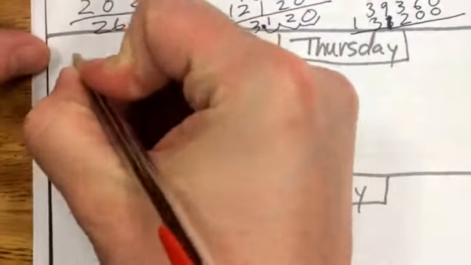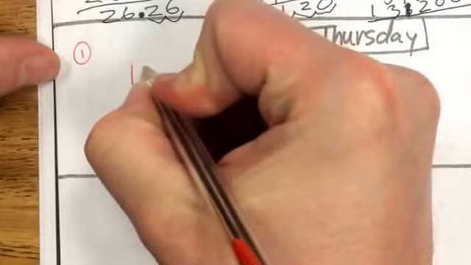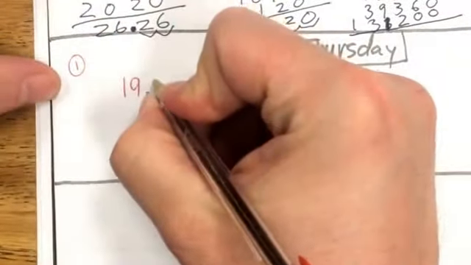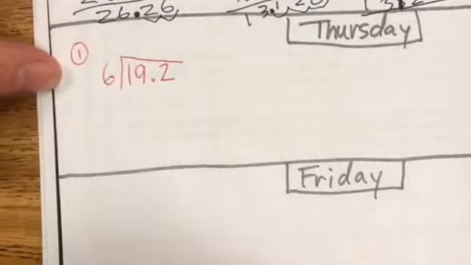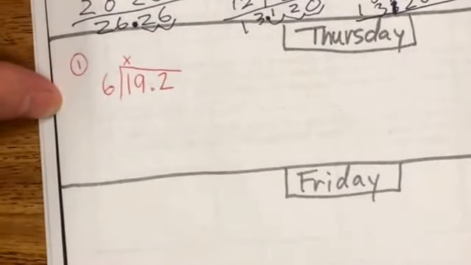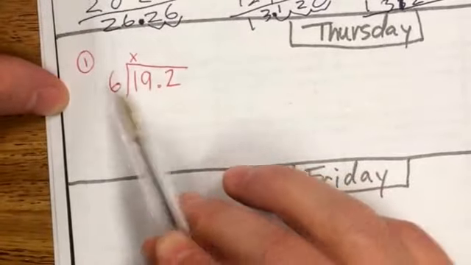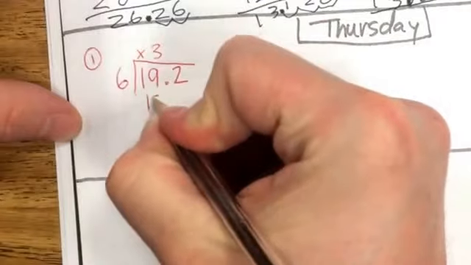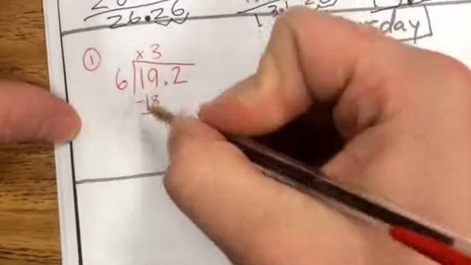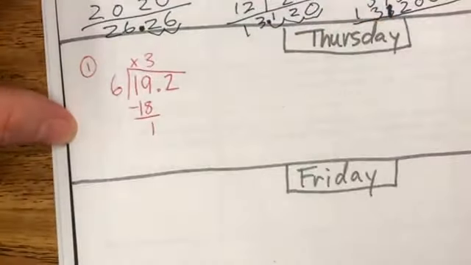Okay, so for story problem number 1, I'm going to put 19 and 2/10 miles divided by the 6 races that we had. 6 cannot go into 1. Nothing times 6 is going to get me 1 or even close to it. 3 times 6 is going to get me 18, close to 19. 19 minus 18 is 1.